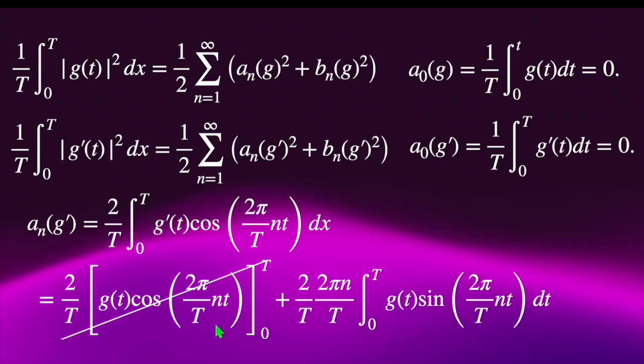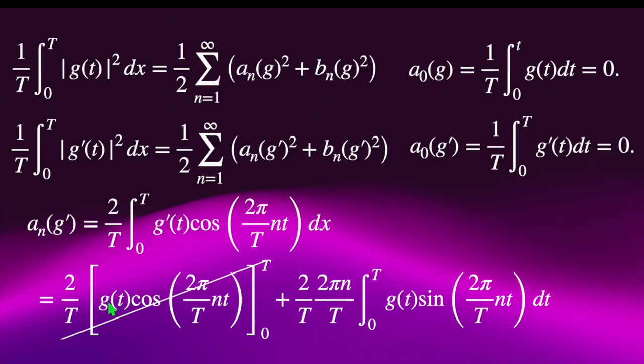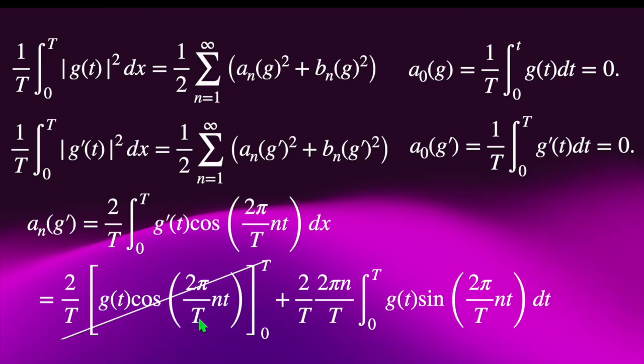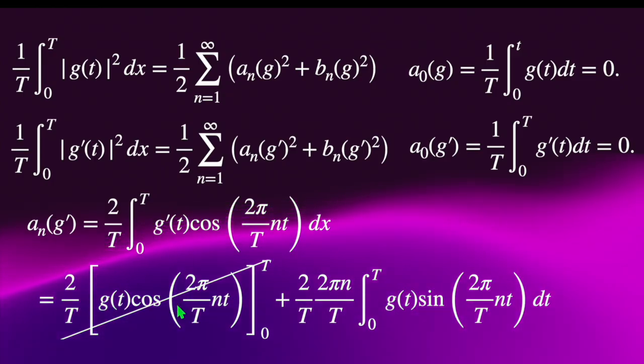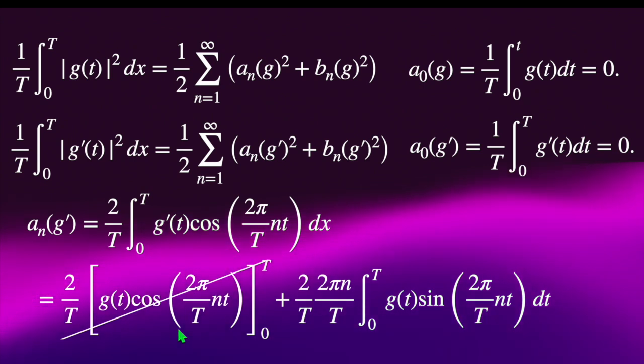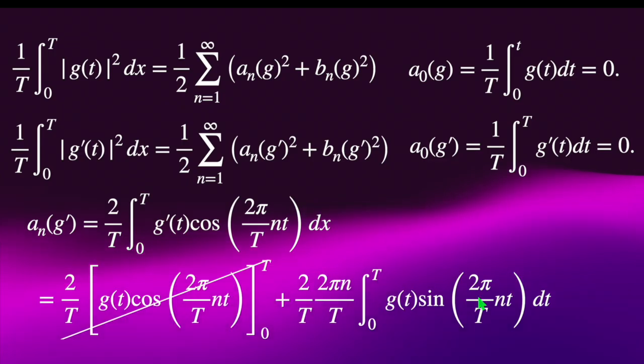Now this quantity vanishes because g is periodic, and cosine of 2 pi n t over T is also periodic of period T. So between 0 and T, this quantity vanishes, and we are left with this relation.